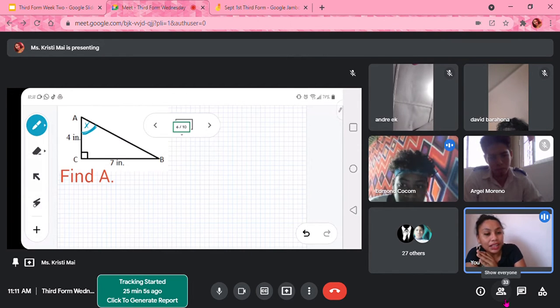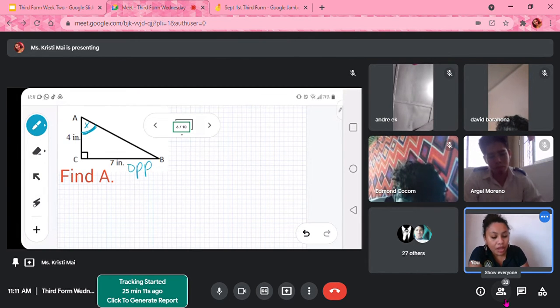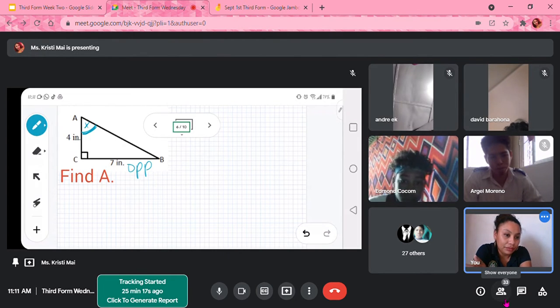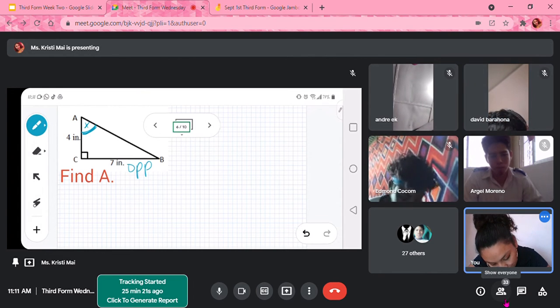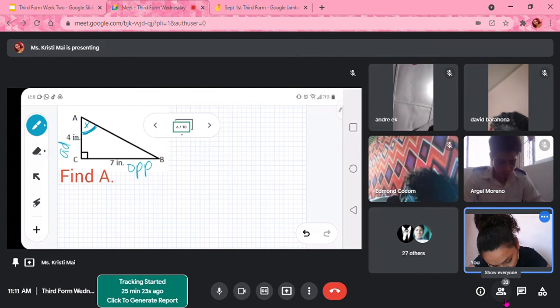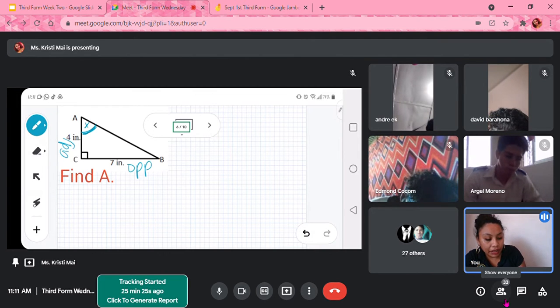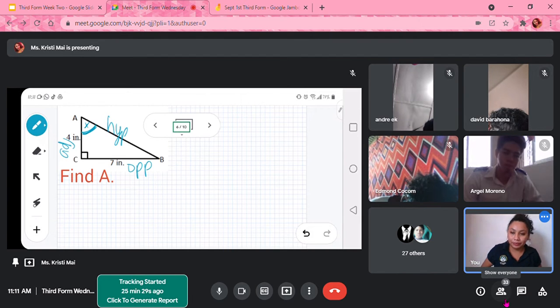What do we call something that is right across? The opposite. Very good. Now what do we call the 4 that is right beside it? The adjacent. Very good. And then the other side, the longest side, is what we call the hypotenuse.